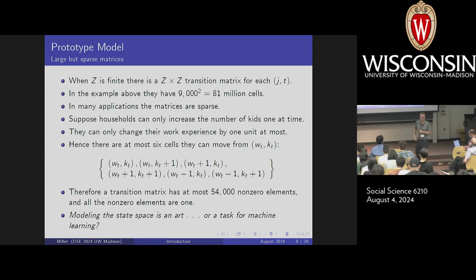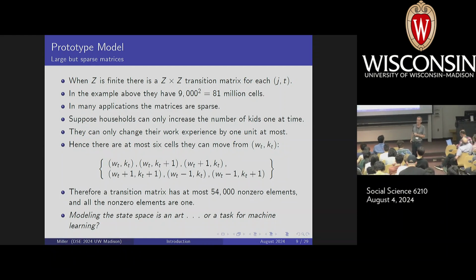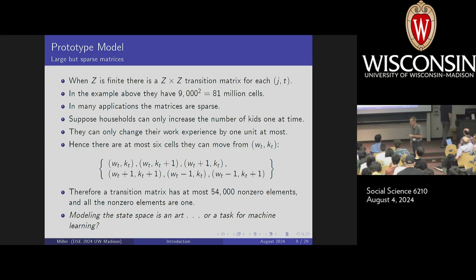But in many applications, there are only a few cells you can get to from where you are right now. You can only add 1 year to your work experience, for example. Maybe you have twins, but usually you just have one kid at a time. You don't lose them.